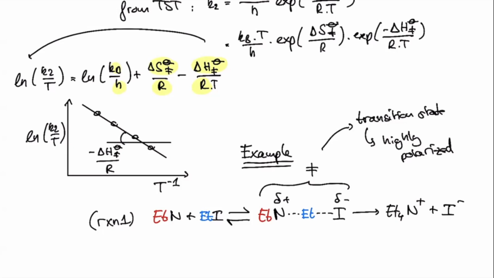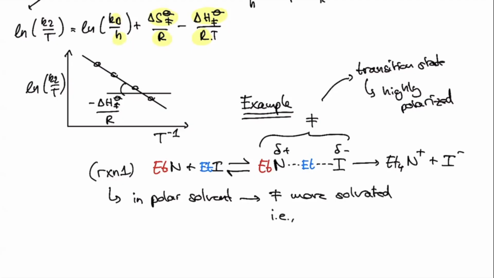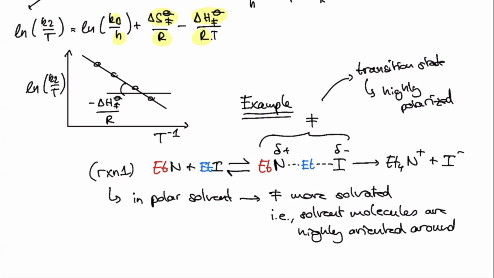Okay, so now imagine if we put this reaction in a polar solvent, what will happen? The transition state is more solvated, right? So that means the solvent molecules are highly oriented around the transition state.